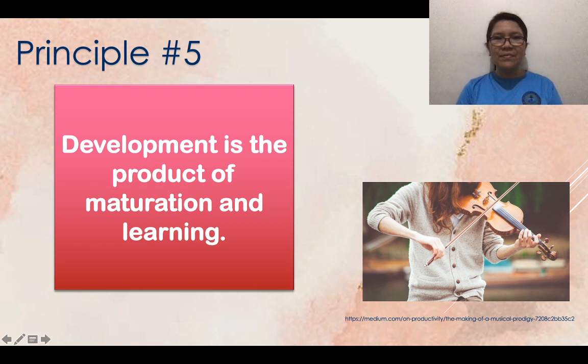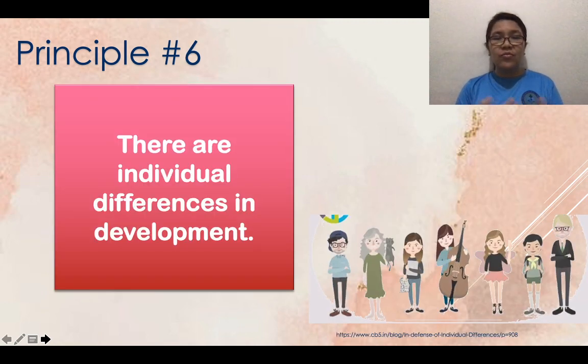Okay, the sixth principle of development is there are individual differences in development. Because we have mentioned in the first principle that there is a predictable pattern of development, a step-by-step progression. Also in number 2, the rate of development is different for each child.